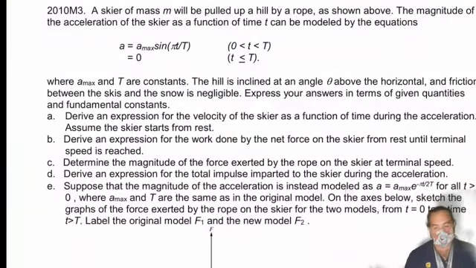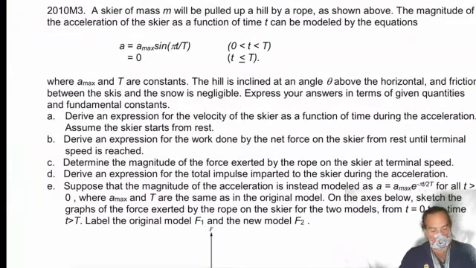Look what the next question asks. Derive an expression for the work done by the net force on the skier from rest until the terminal speed has been reached. Do I even have a function for the net force? I have a function for the acceleration, but I don't have any idea what the force is.